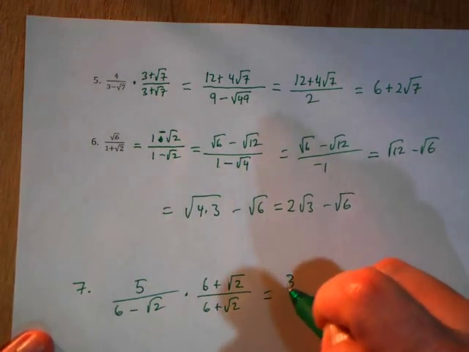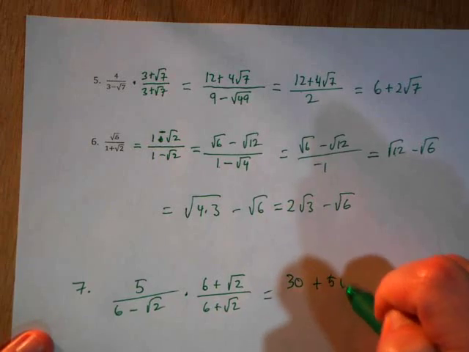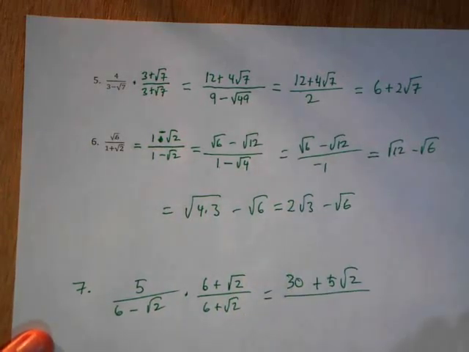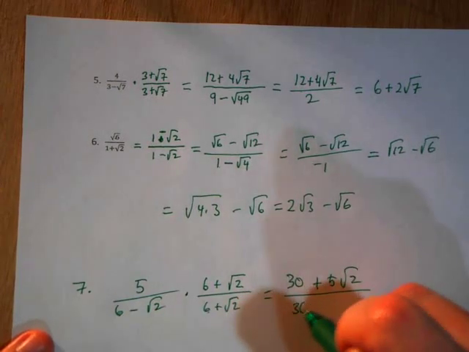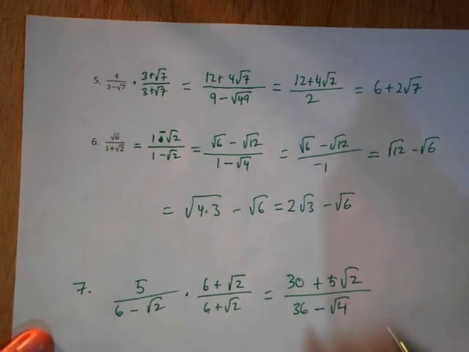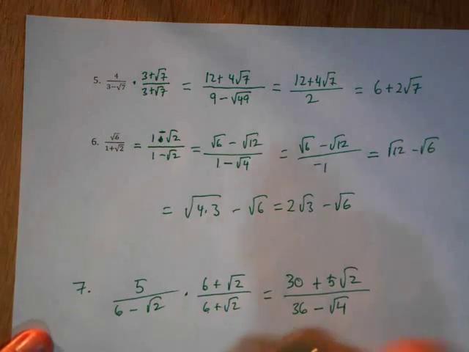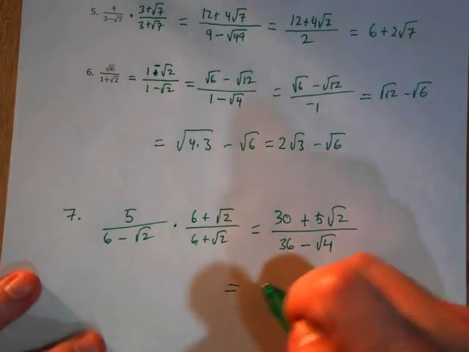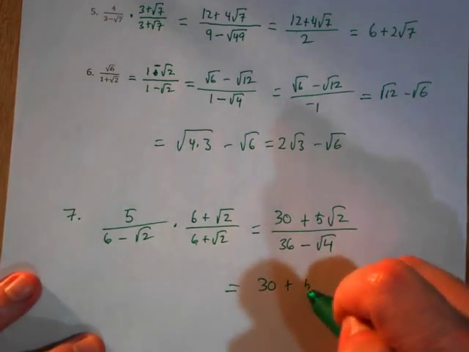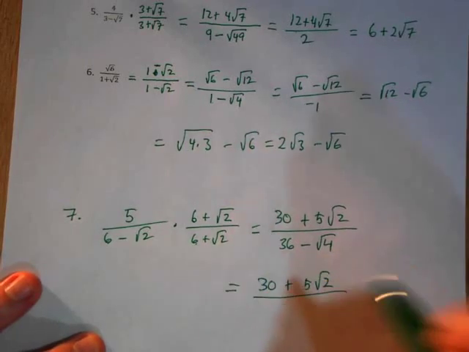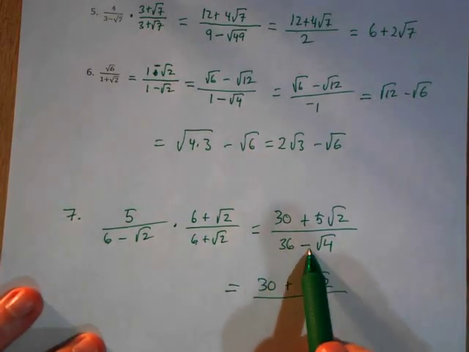We would have 30 plus 5 square roots of 2 up on top. Down on bottom, we'd have 6 times 6, that's 36, minus the square root of 4. So that's 30 plus 5 square roots of 2 divided by 36 minus 2 is 34.